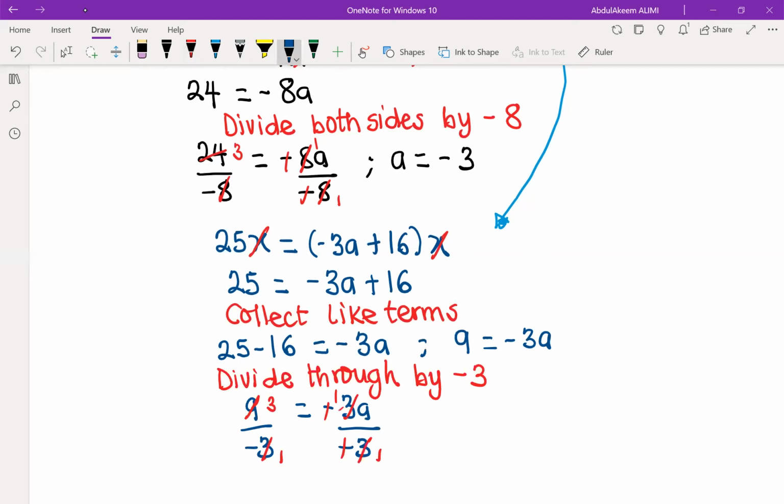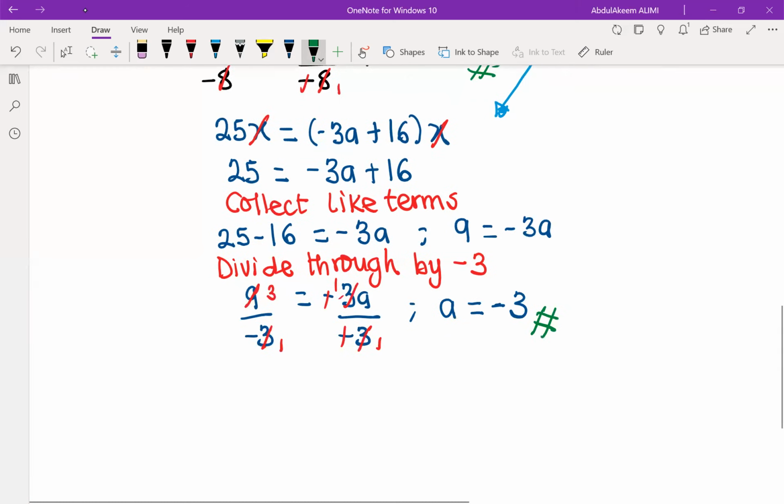So I'll have my a equals minus 3. So I've been able to establish the value of a here as negative 3, and also the value of a here as negative 3. Therefore, the value of a is negative 3.